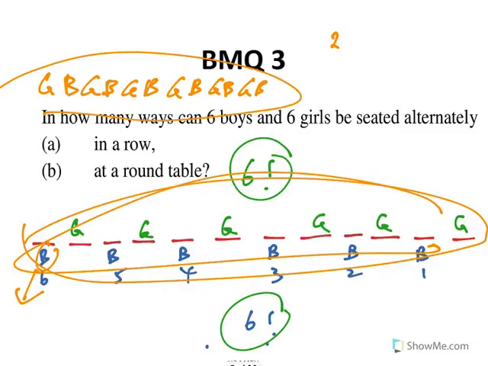After that, multiply by the number of ways the boys can arrange, multiply by the number of ways the girls can arrange. So for part A, my answer is just 2 times 6 factorial times 6 factorial, which is 1036800 ways.